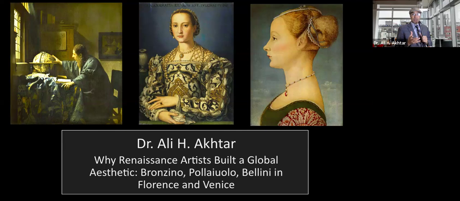So on the one hand, she is a powerful figure that Bronzino represents with this very large dress, kind of like the La Pieta, amplifying and highlighting that kind of stature.